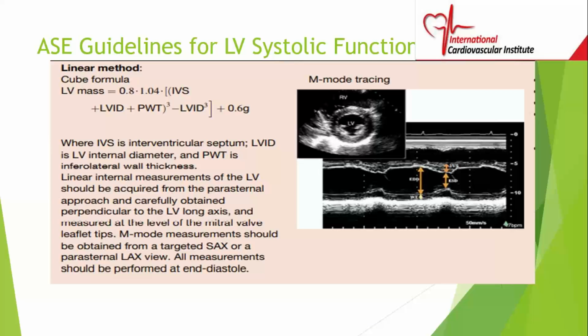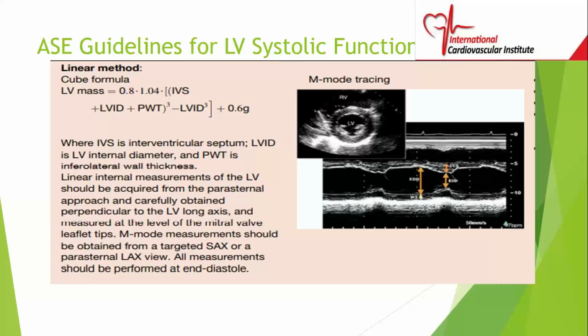LV mass is important because we index the LV mass and we relate it to something we call the relative wall thickness to decide, is this patient a normal patient? Does this patient have what we call concentric remodeling?